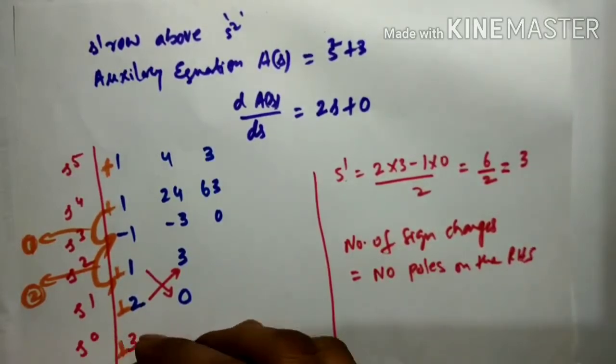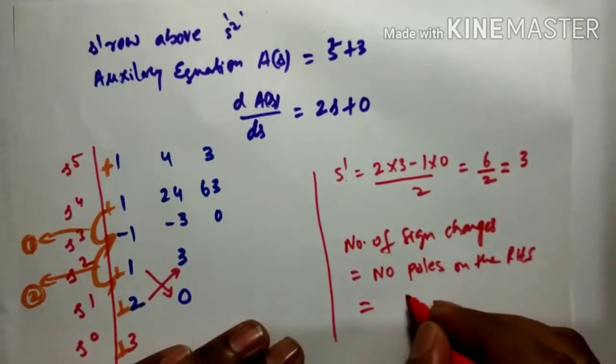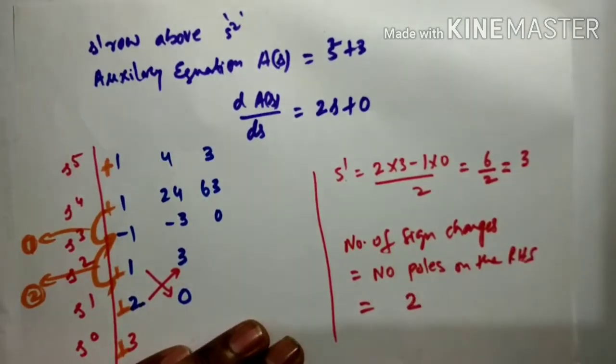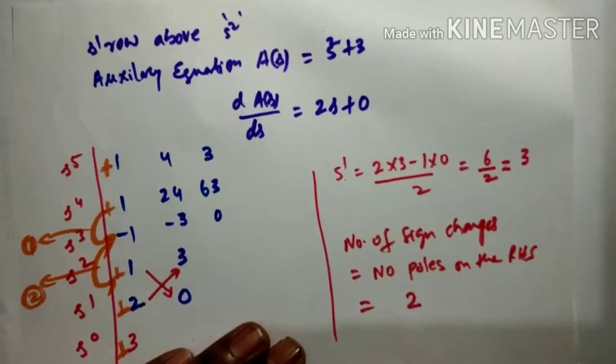How many sign changes here? 2. So therefore, 2 poles on the right half of the S plane.